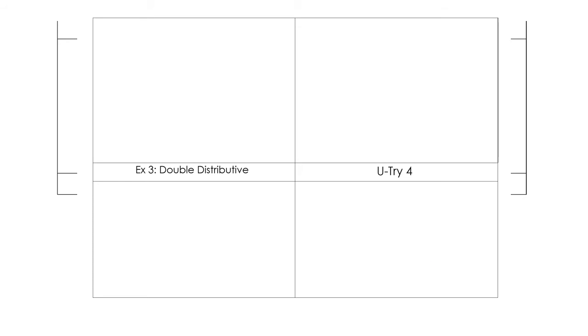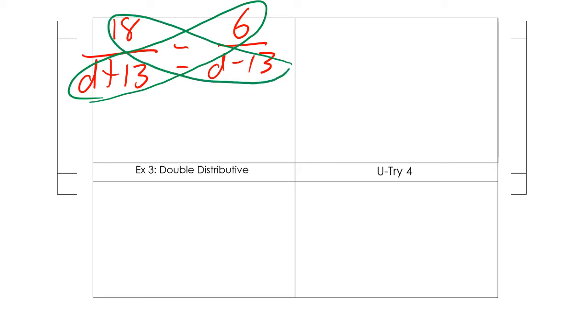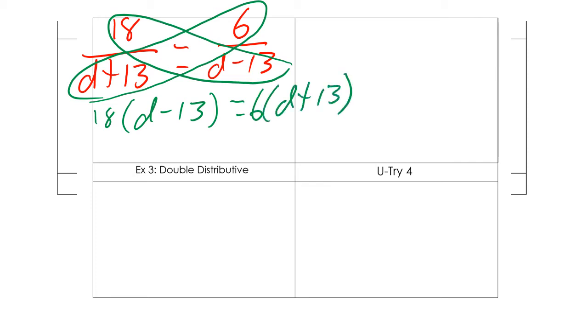Okay, what if we have to distribute on both sides? What if I have 18 over d plus 13 equals 6 over d minus 13? Again, I'm going to draw my cross multiplication circles, and I have to use parentheses, so I get 18 times d minus 13 equals 6 times d plus 13.